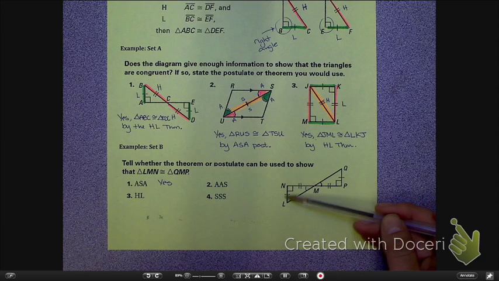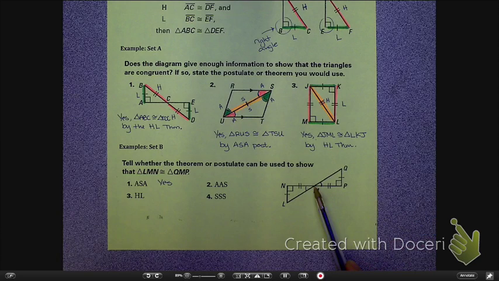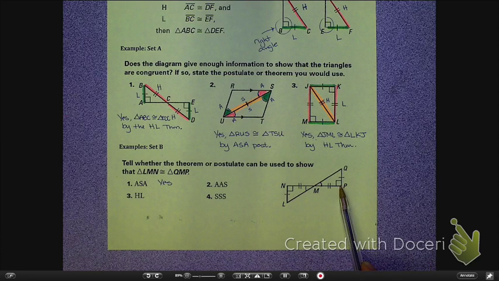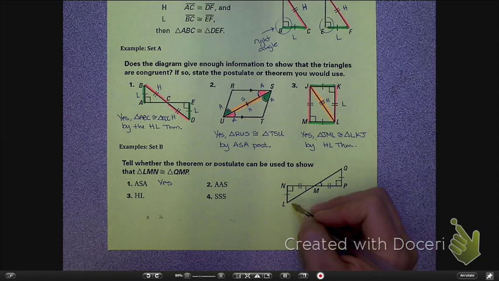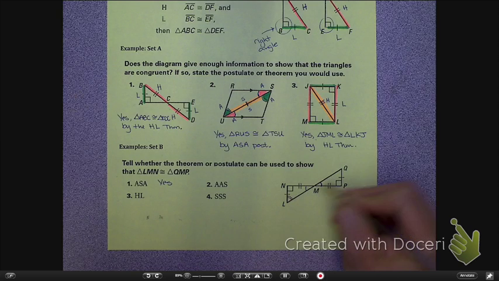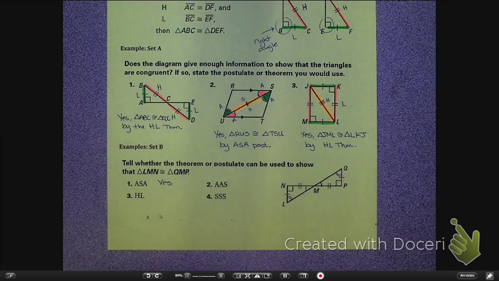Well, not yet, but because I know these 2 angles are congruent, and I know these 2 angles are congruent, then by default, if you know 2 of the angles are congruent in a triangle to each other, there's a theorem that says the third angle has to be congruent, so I know that these ones also have to be congruent.